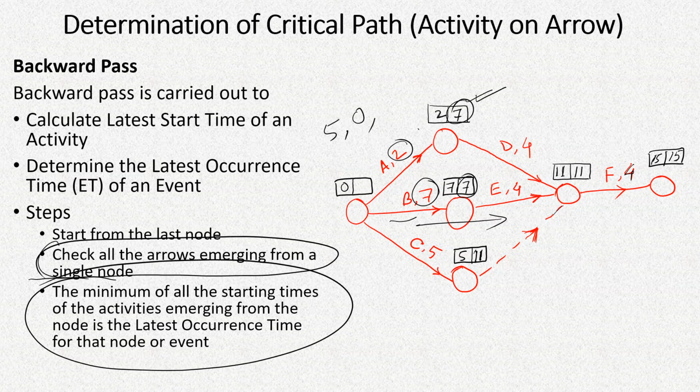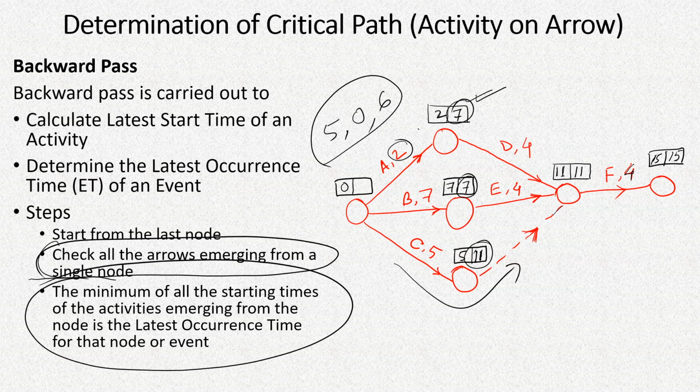That means this activity B must be started on day 0 itself. And for this activity, 11 minus 5, that is 6. So it can be started on the 6th day also without affecting the total duration.